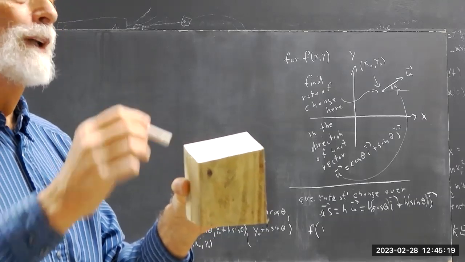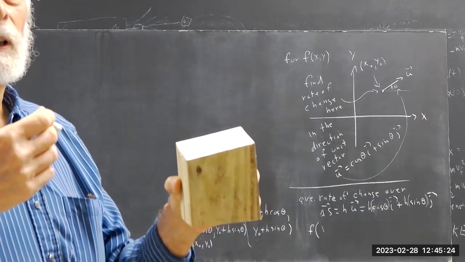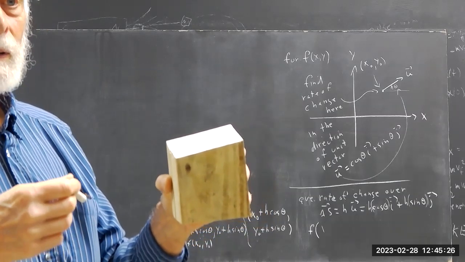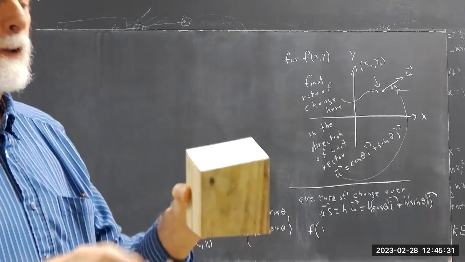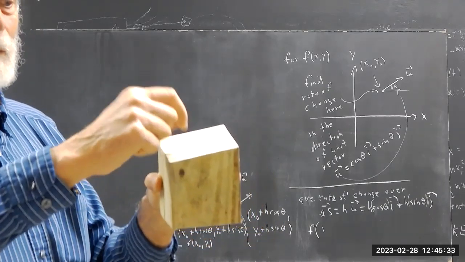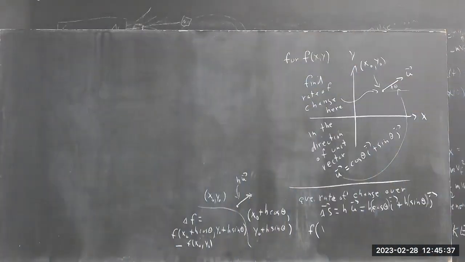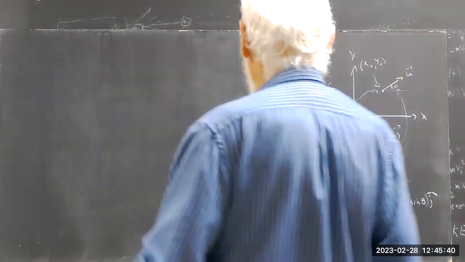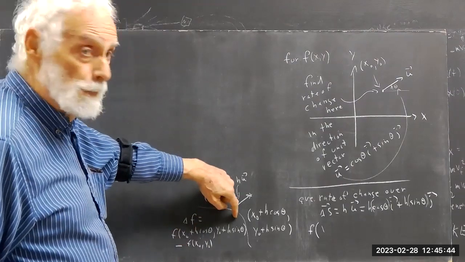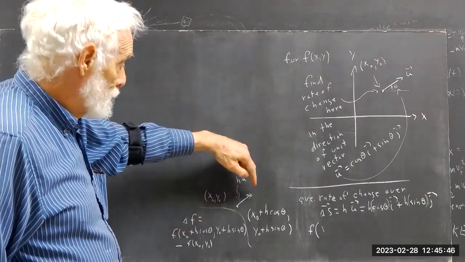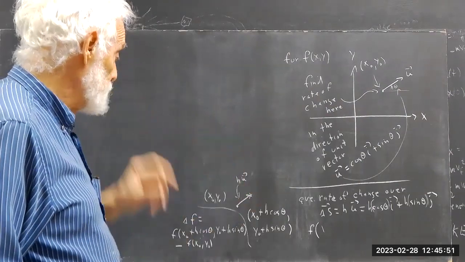And f of x naught plus h cosine theta, y naught plus h sine theta is how thick this thing is at this point. Hopefully that clarifies things a little bit, at least gets you thinking in 3 dimensions. So the change now is just the value of f at this point minus the value of f at this point. You can visualize that too.